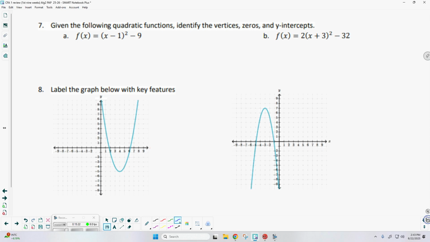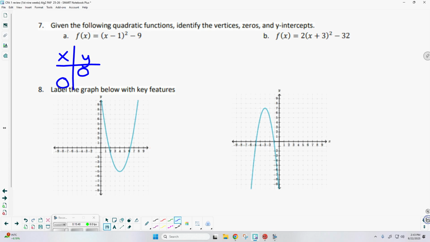I want to find the vertex, the zeros, and the y-intercept. Remember, the zeros are x-intercepts. When you're finding the x and y-intercepts, one of your values always has to be 0. If I want the x-intercepts, y is 0; if I want the y-intercept, x is going to be 0. Now let's start with the vertex.